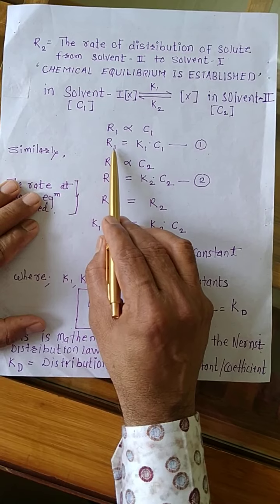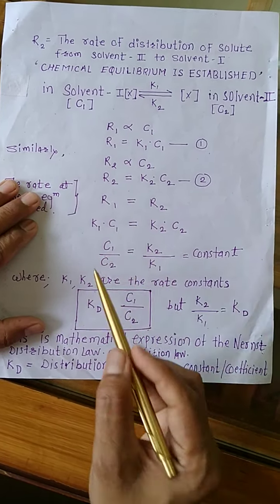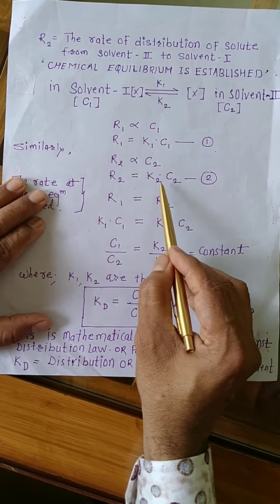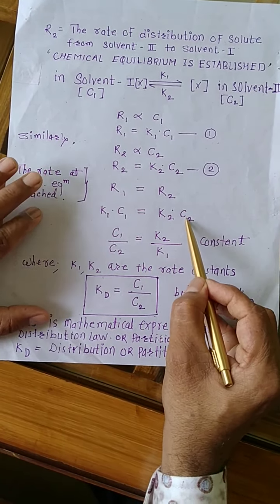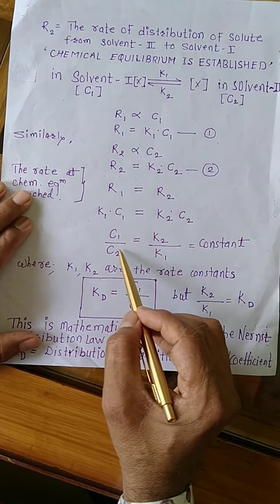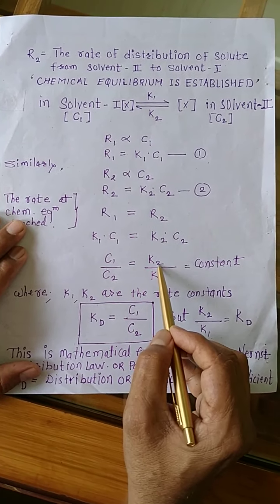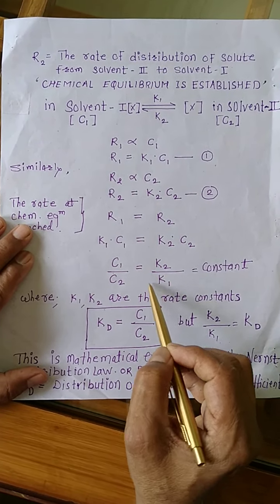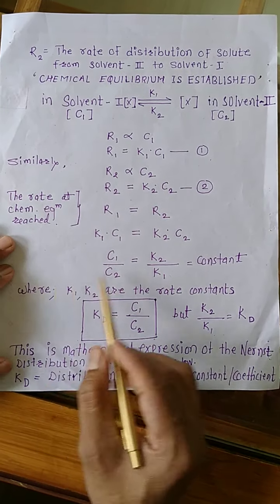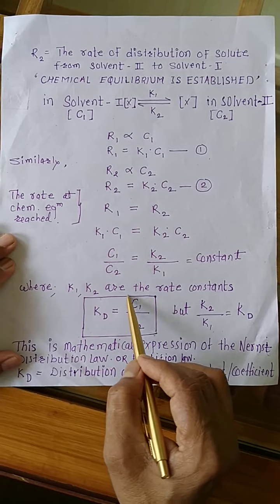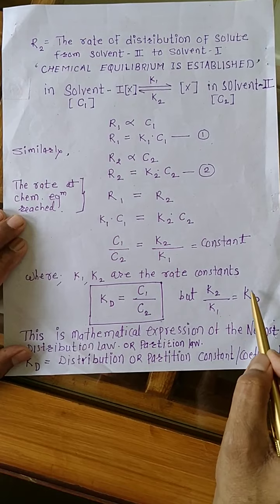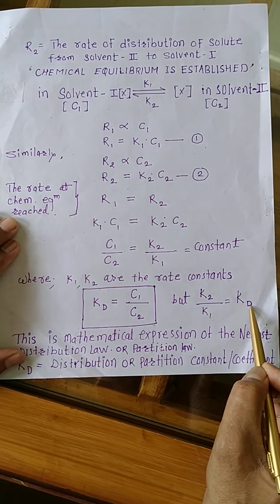R1 value is K1 into C1, and R2 value is K2 into C2. Rearranging this equation, C1 upon C2 is equal to K2 upon K1. This ratio is constant at a given temperature, where K1 and K2 are the rate constants, but K2 upon K1 is KD, where D is the distribution constant.